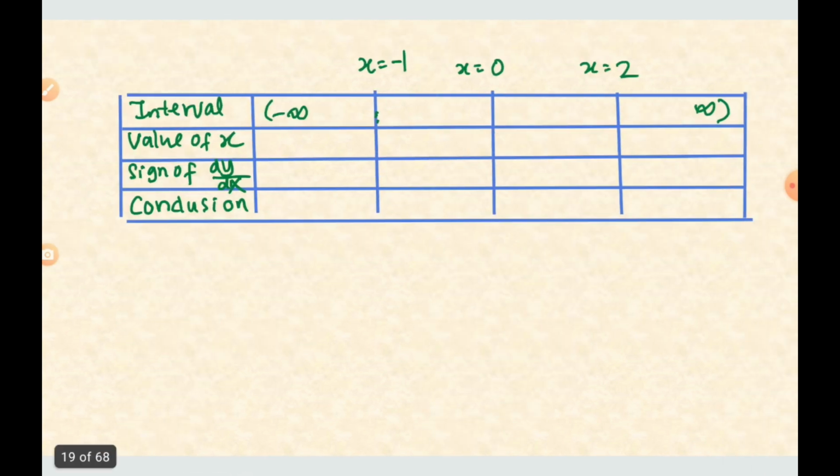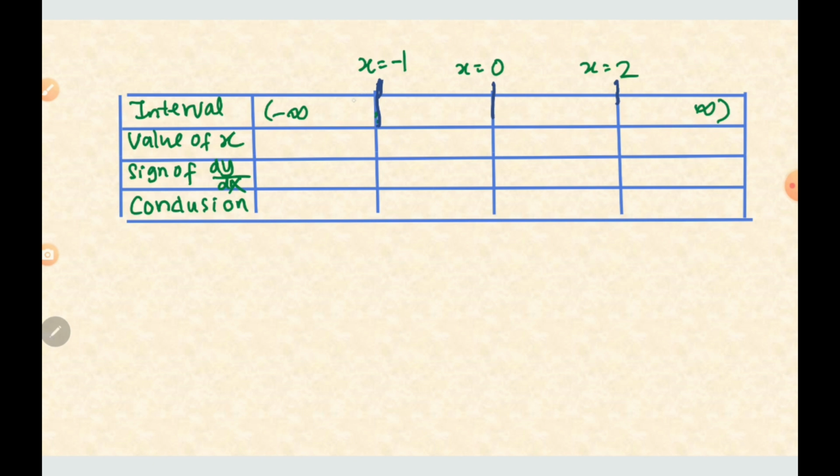Okay, so this is the table that you need to test the value of x. From negative infinity to infinity, this line will represent x equals negative 1. Secondly, this is the line for x equals 0, and this is the line for x equals 2. We have three critical numbers here.